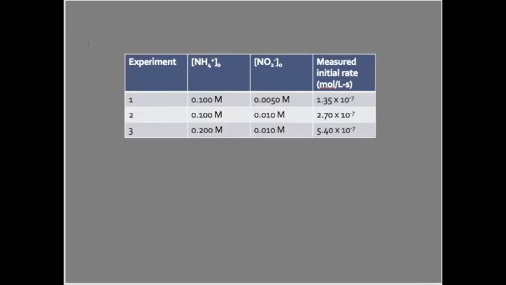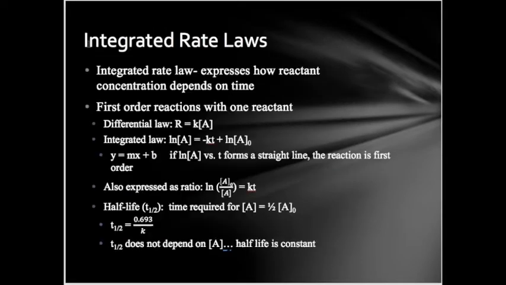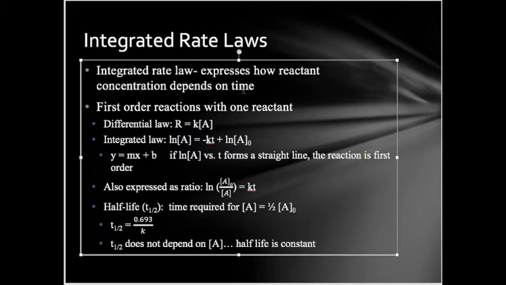Remember that we have two different types of rate laws, the differential form, and today we're going to talk about the integrated form. Remember, the differential rate law relates the rate to the concentration of reactant. The integrated rate law is going to express how a reactant concentration depends on time.